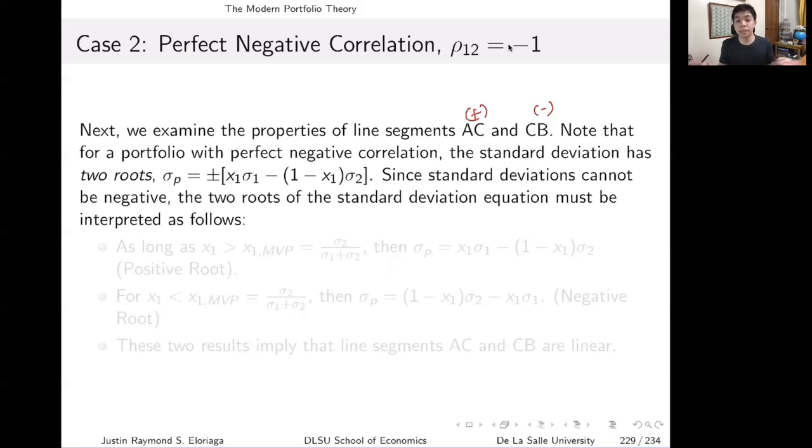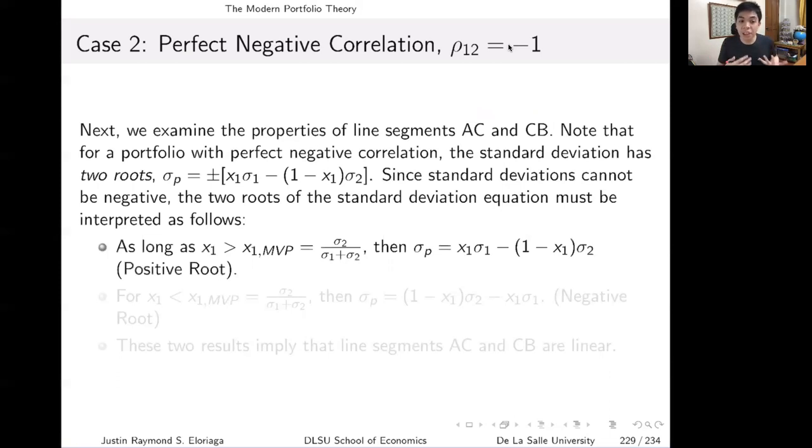Since the standard deviation cannot be negative, the two roots must be interpreted as follows. As long as what you choose as X1 is greater than the X1 in an MVP, then you are under the positive root. But if your X1 is less than your X1 MVP, then you are at your negative root.